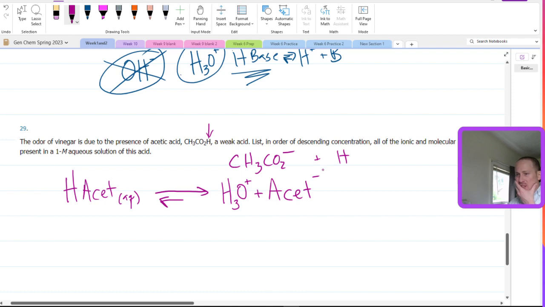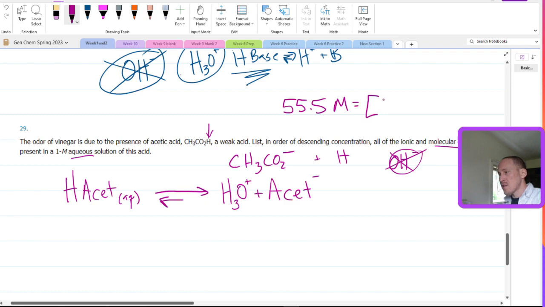To whatever extent that this water has OH minus in it, this H3O plus is going to neutralize that. So I don't expect we're going to have a lot of OH minus, but at any given moment, you might have a tiny amount. The thing is, it says molecular species. It's an aqueous solution, so definitely water in standard conditions is 55 molar, the concentration of liquid water.